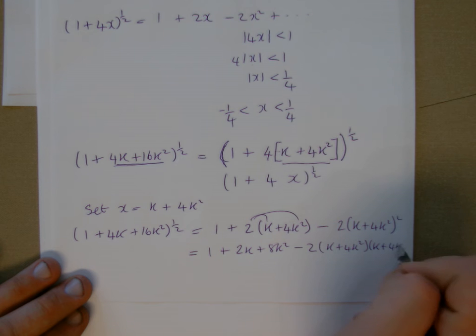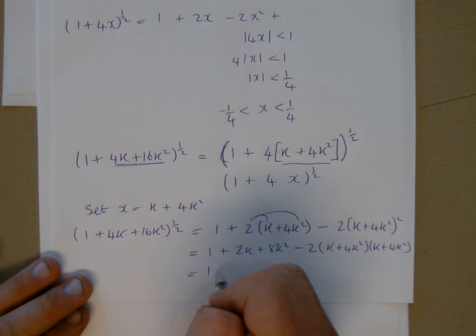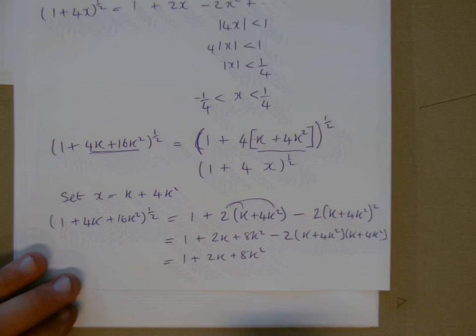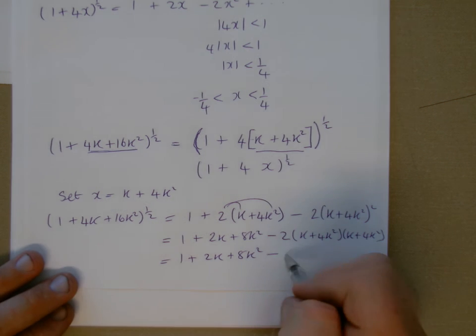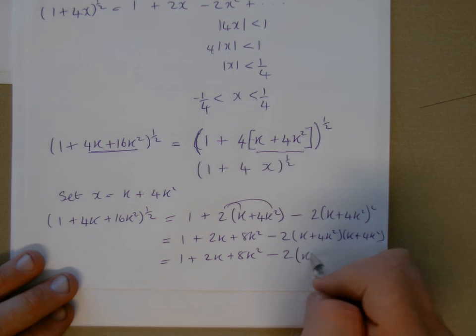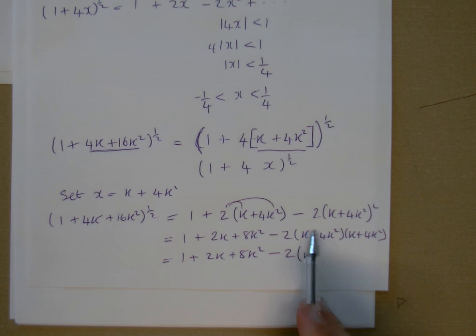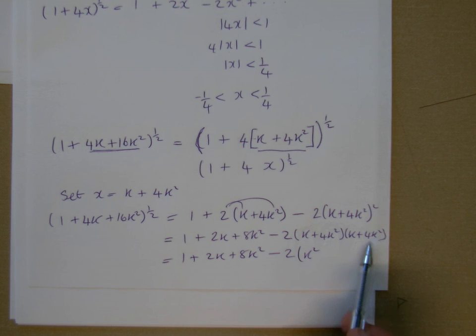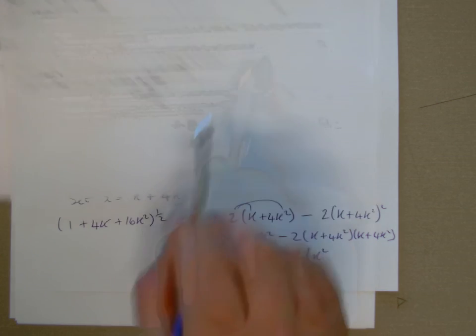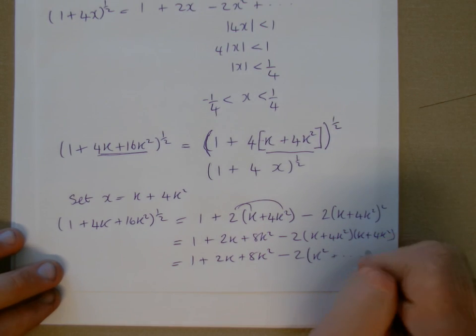When I simplify this double bracket, I won't need to write every term, because I've got minus 2 there. When I multiply out, I'll have k times k, which is k squared. I don't need any other term, because k times 4k squared would be 4k cubed, and I don't want any k cubes, because the question says go up to k squared. So I can just ignore all the rest.